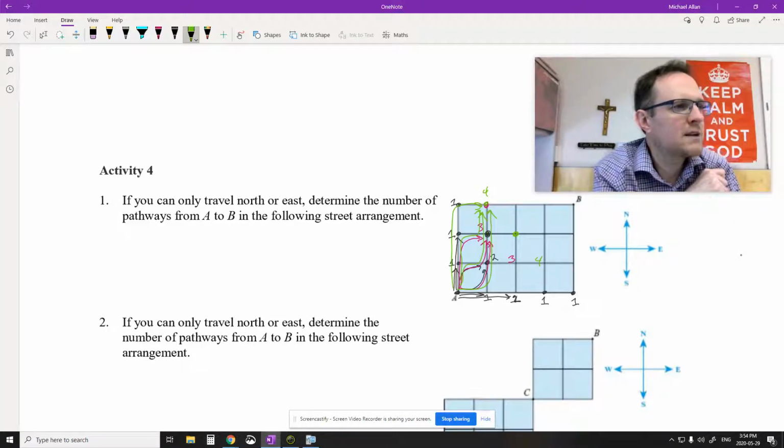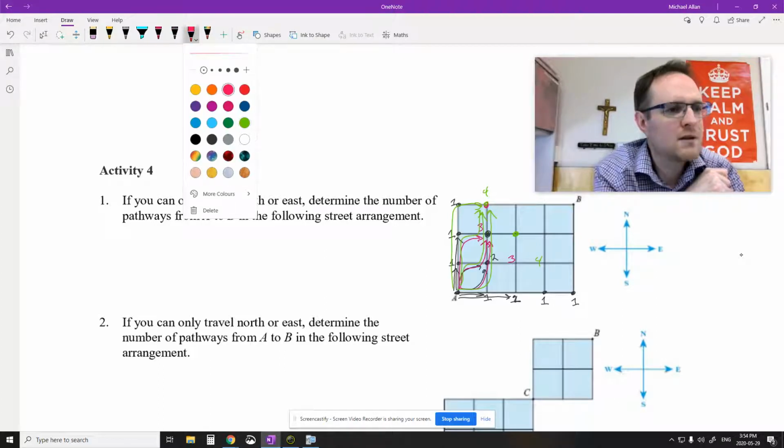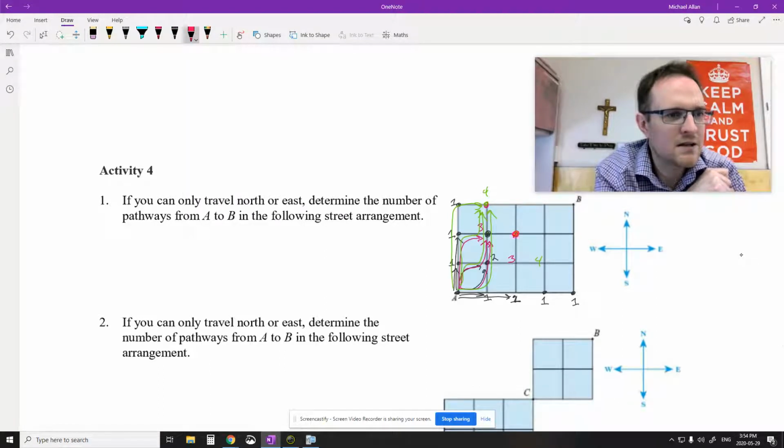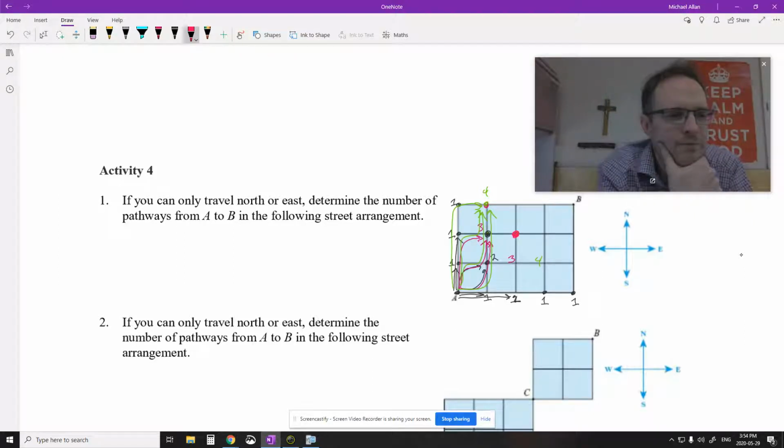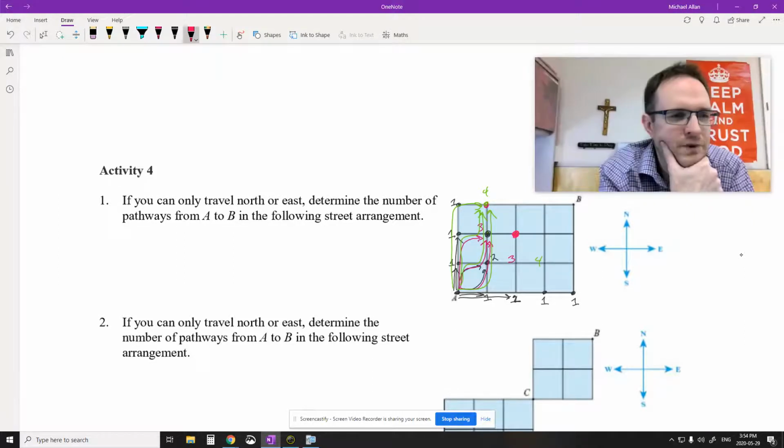Now this point here, how many ways can I get to that point? There's 3 ways to get to this point, right? And then each one of those 3 ways can go one more step over here.